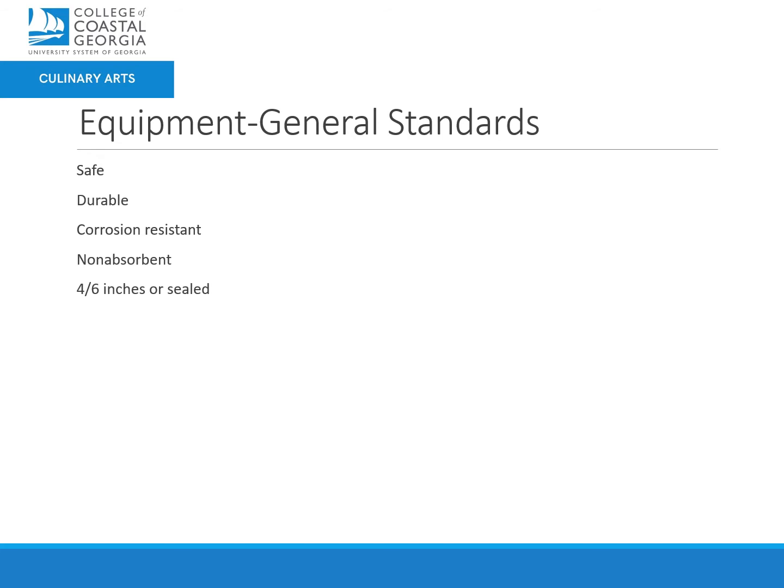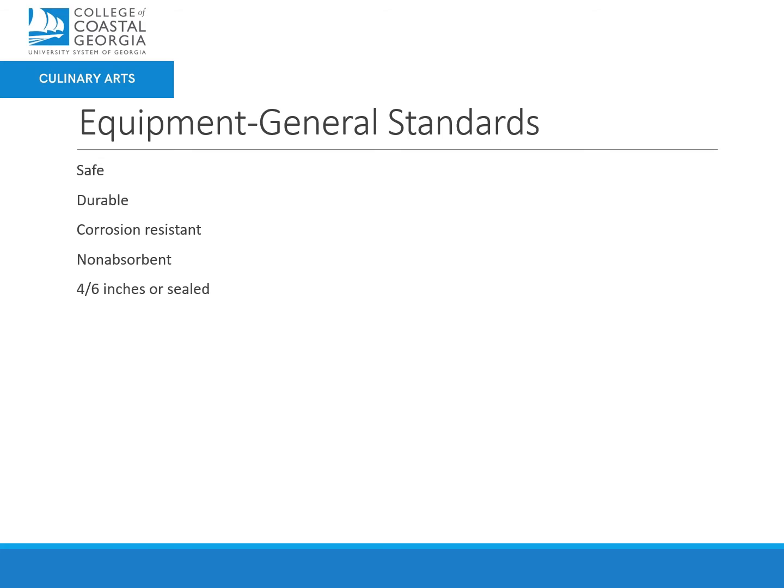A lot of the things we work with in a kitchen are acidic, like lemon juice. If you have a piece of equipment that is reactive, it's going to rust, which means the surface is going to become uneven and pitted, and again, that's an area that's difficult, if not impossible, to clean, and it'll wear out.